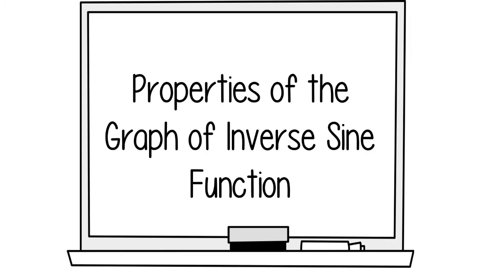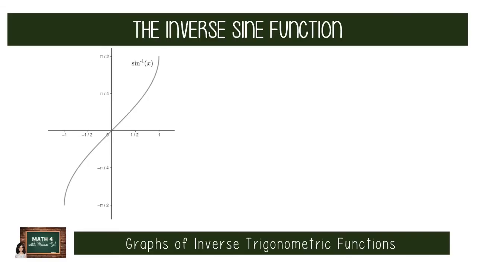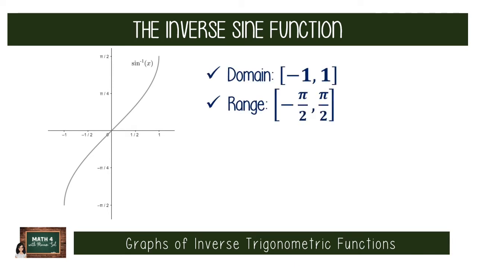Let us now discuss the properties of the inverse sine function. Let us have a closer look at the graph of f of x equals sine inverse of x. By carefully examining the graph, we will be able to identify the following properties. Its domain is from negative 1 to 1 inclusive, and its range is from negative pi over 2 to pi over 2 inclusive.